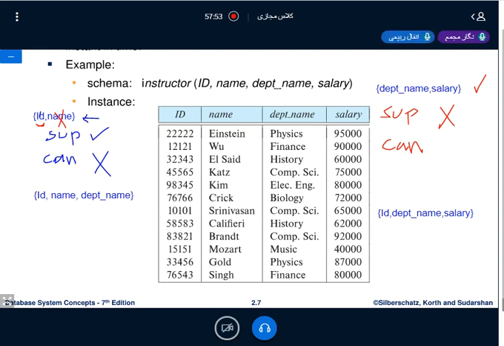For ID is this one. For the name is Reza. For the dept name is physics, and for the salary is 95,000.